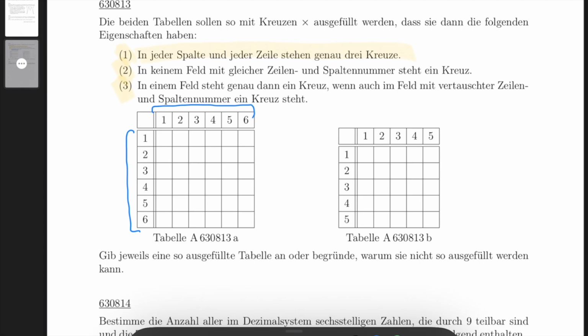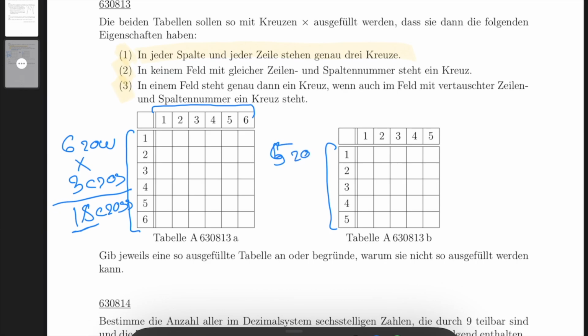Because we have 6 rows, or we can use columns, it doesn't matter, multiply by 3 crosses, and in total we should put 18 crosses around this table. We should remember this number. For this case, we have 5 rows, still the same, multiply 3 crosses per row, and we have 15 crosses in total.